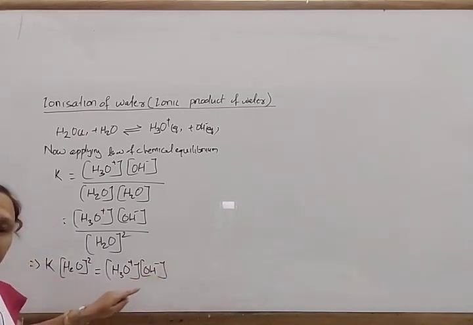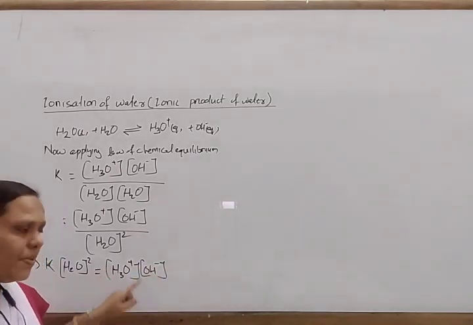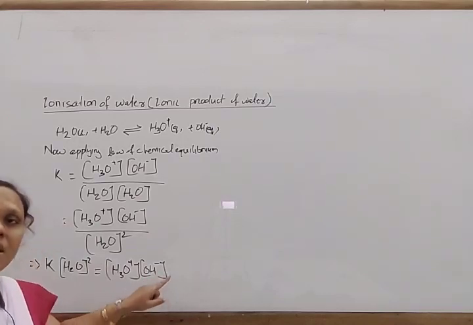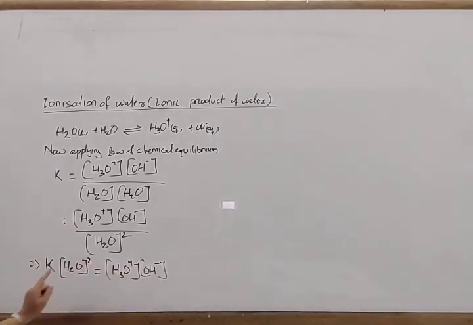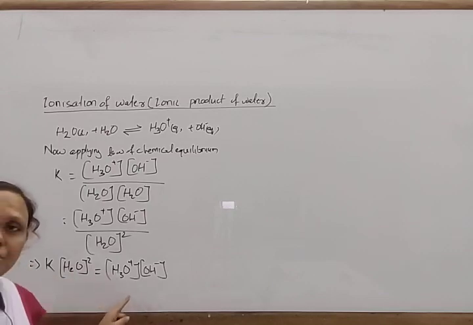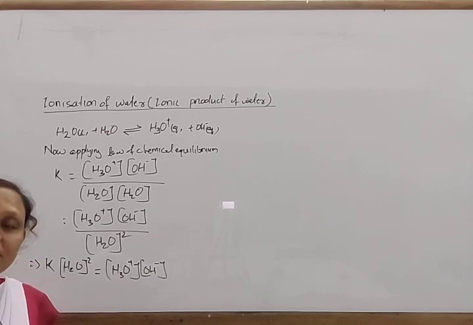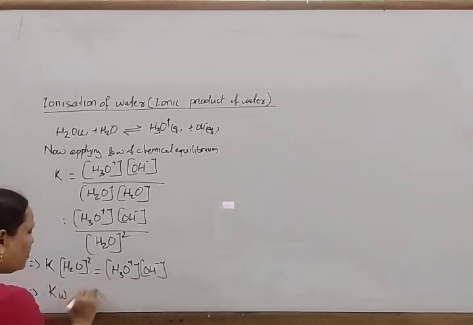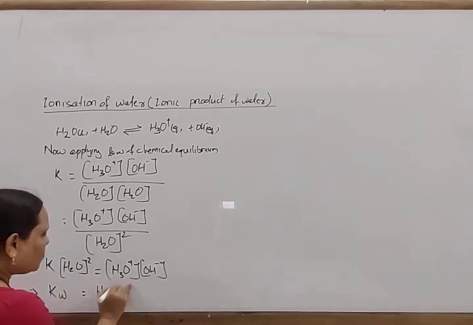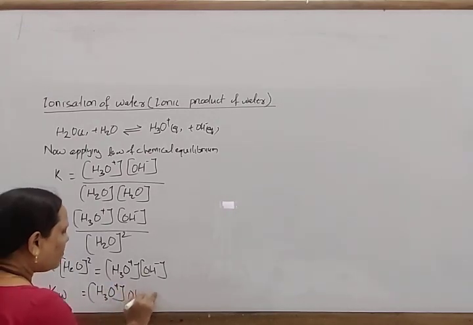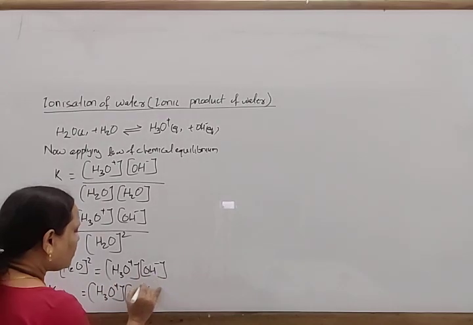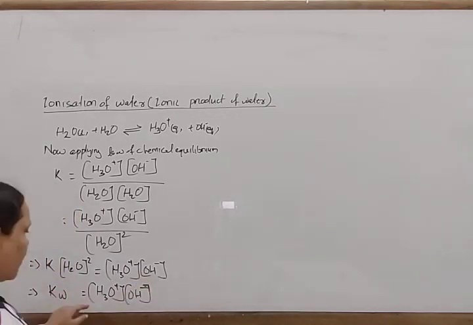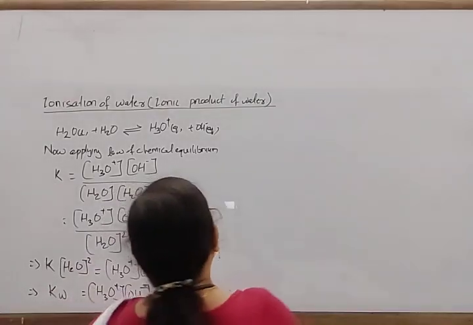This product of the molar concentrations of H3O plus ion and OH minus ion is another constant, known as the ionic product of water, and we represent it as Kw, which is equal to H3O plus into OH minus.